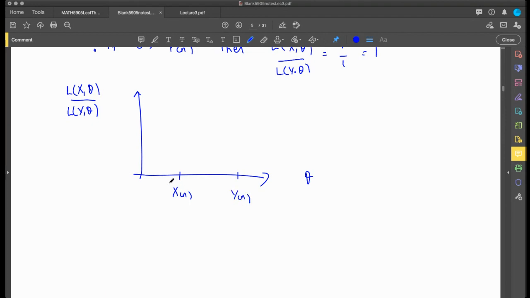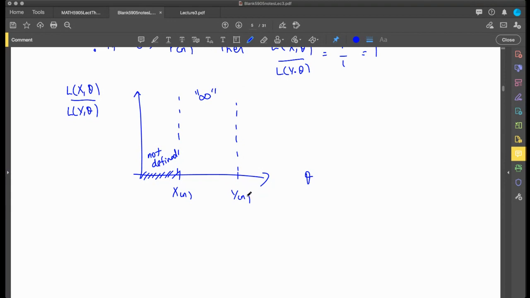So we said when theta was less than the maximum of my x sample, it was not defined. So here, the function is not defined, which is fine. We don't have to consider this case. When theta was between the maximum of my x observations and the maximum of my y observations, it took the value infinity.